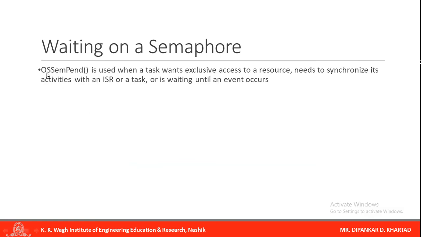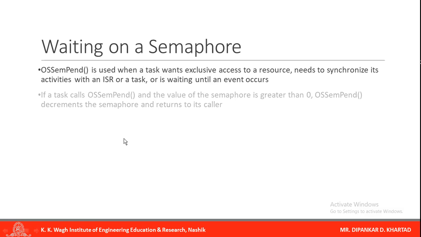Now move to the next one, that is waiting on a semaphore. The syntax is OSSemPend. OSSemPend is used when a task wants exclusive access to a resource, needs to synchronize its activities with an ISR or a task, or is waiting until an event occurs. If a task calls OSSemPend and the value of the semaphore is greater than 0, OSSemPend decrements the semaphore and returns to its caller.